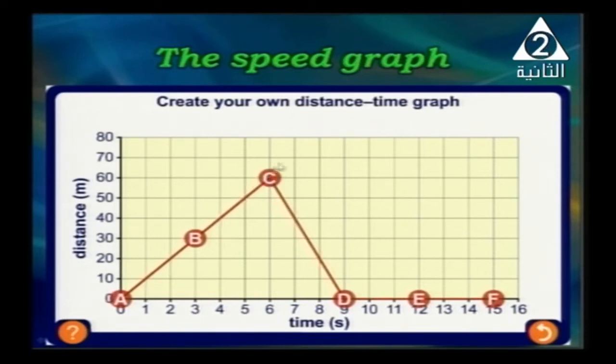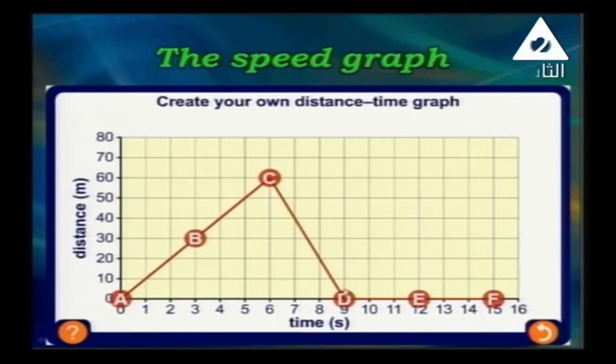So these parts, from A to B to C, what do they represent? The distance-time graph represents regular speed, uniform speed. Why? To calculate it, we have 60 divided by 6, which equals 10 meters per second. And 30 divided by 3 is also 10 meters per second.